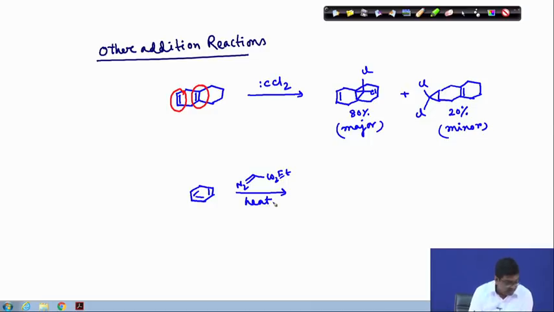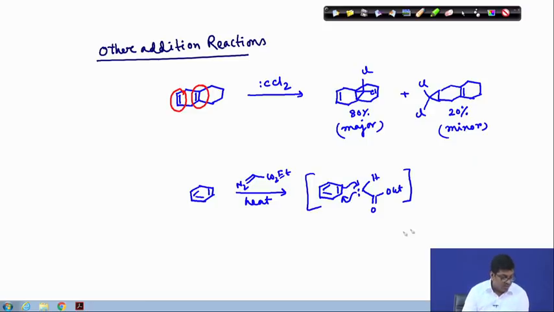Under heating conditions this will generate the carbene, and what will it form? Okay. So, this electrophilic carbene will generate the cyclopropane ring.